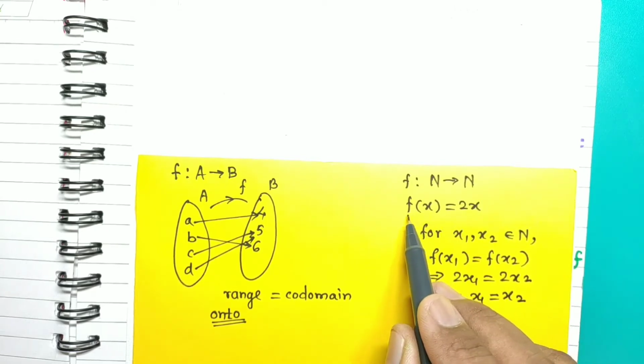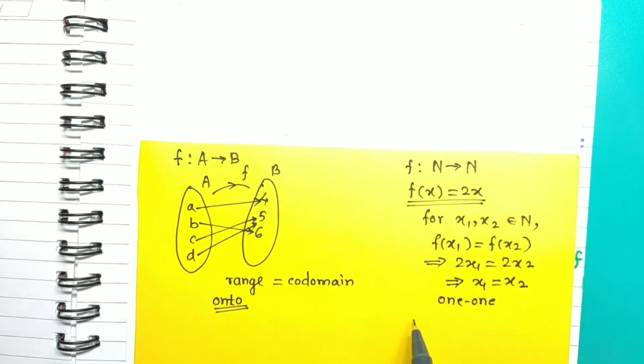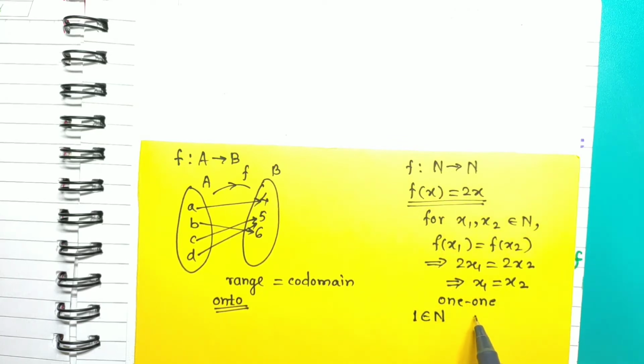Now what about the function being onto? So here we observe that 1 belongs to N and there does not exist any natural number for which f of x is equal to 1, because 1 is not twice of any natural number.